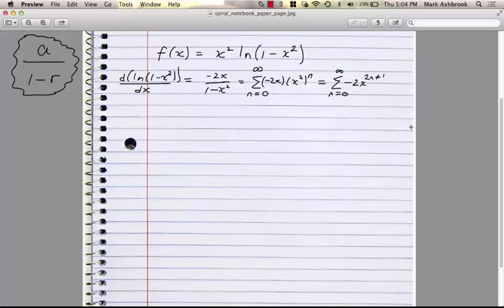Okay, so what I suggest is write out some terms and then work on the terms. Don't work on this in terms of your next step. Work on the terms.